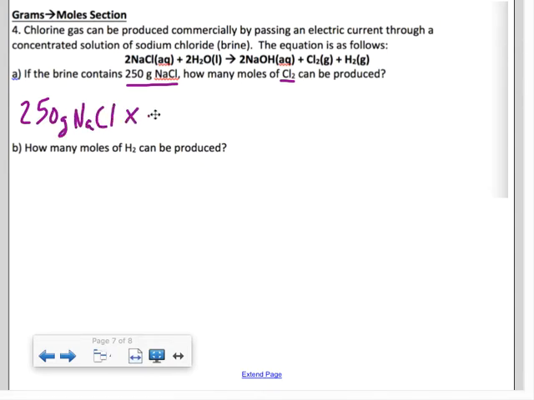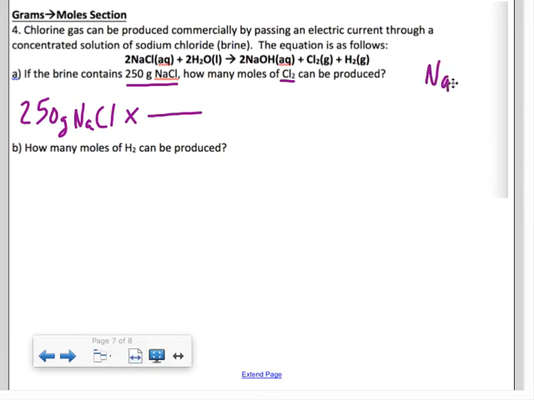Now I am in grams. So my next conversion factor is I need to convert grams to moles, because the only way you can go from one element or compound to another is through that mole ratio. That's why the mole ratio is so important. So I have to figure out the molar mass of NaCl. Because I didn't really give myself space, I'm just going to put NaCl over here.